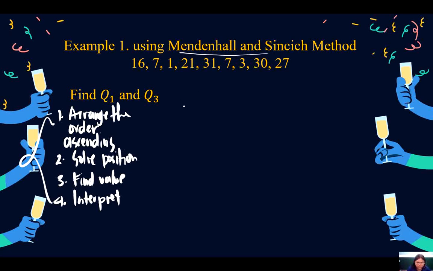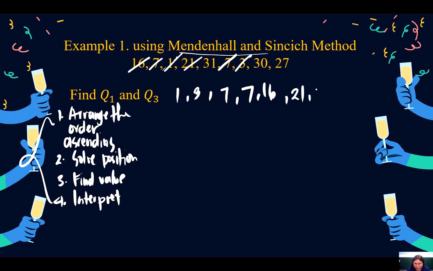Okay, so mag-start tayo kay 1. After kay 1, 3. 7. So, ilan na 7 natin dyan? 2. Okay, next, 16. Next is 21. Next is 27. 27, and 30, and 31.